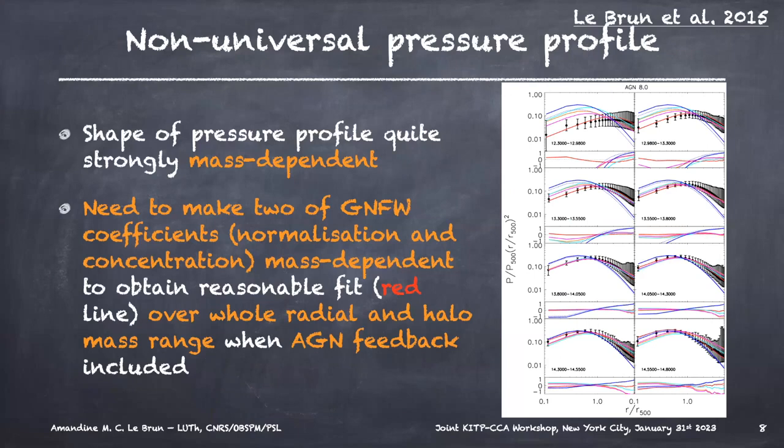One assumption that's being made in this filter is that the pressure profile is self-similar, the same everywhere, self-similar in terms of its evolution with the mass once we scale in the proper units, and it's the same over the whole radial range.